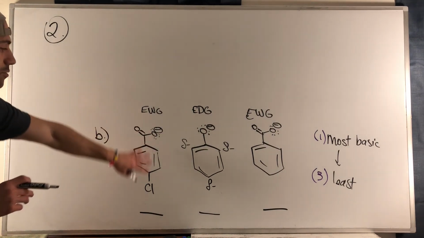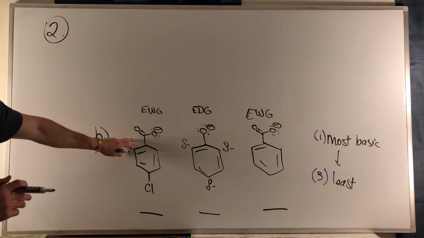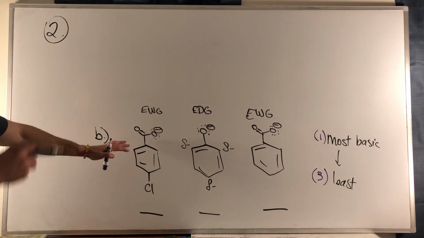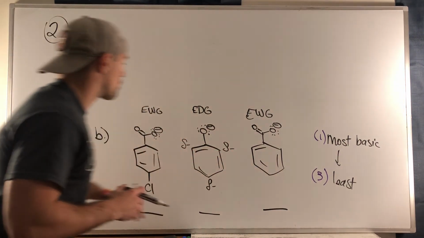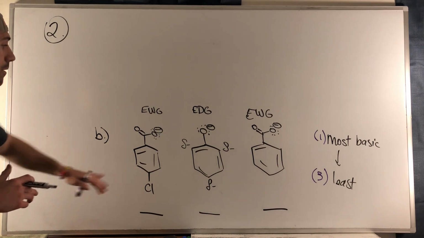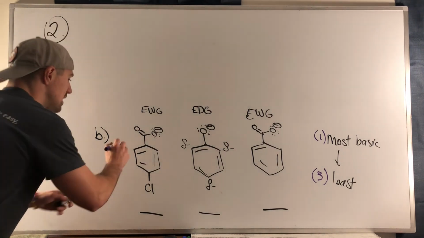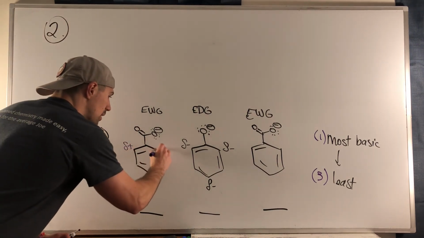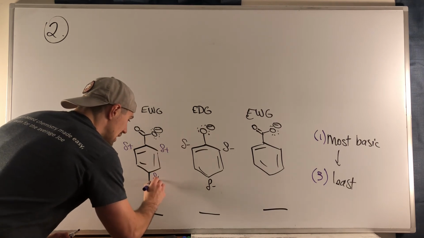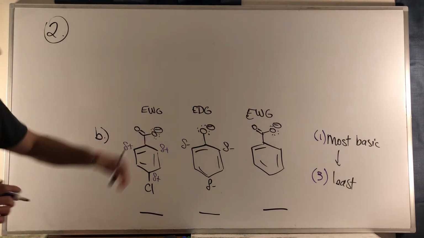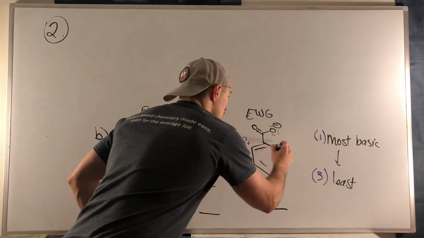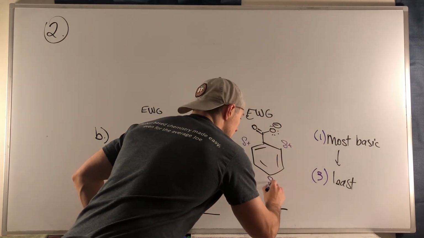Now in terms of this right here, these withdrawing groups. So remember what this will do. This will suck electron density out of the ring. Same over here. Now remember, this puts a delta plus right here, and right here, okay? Same thing over here, delta plus, and delta plus.